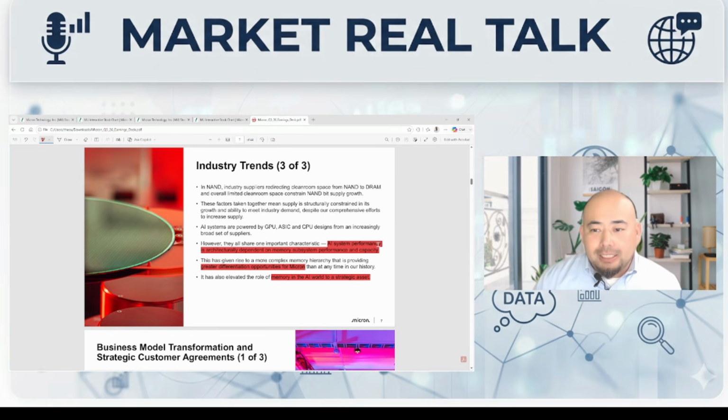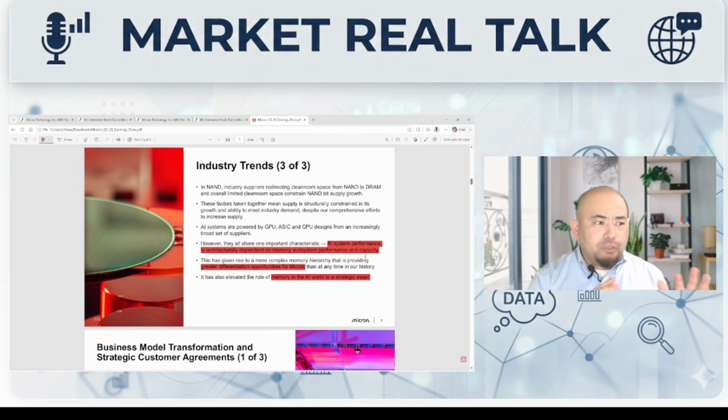Next up, AI system performance is architecturally dependent on memory subsystem performance and capacity. Do you know what that means? That means that we love the speed of AI, right? Every time that we ask for a request, we want it to come back faster and quicker, right? Sanjay is telling us that, hey, Micron, or the memory, is what that speed is dependent on, okay?